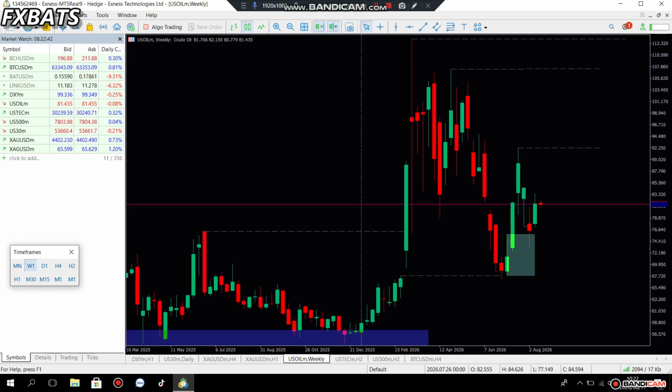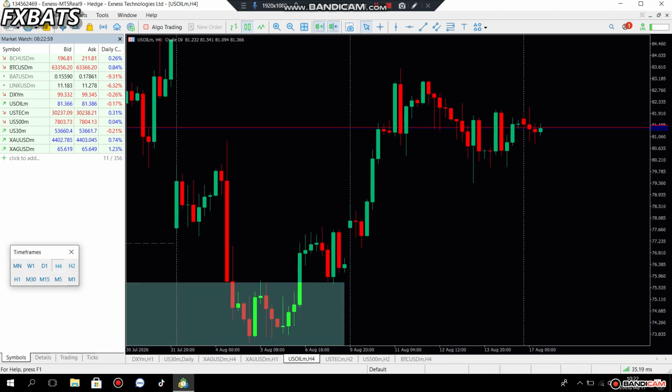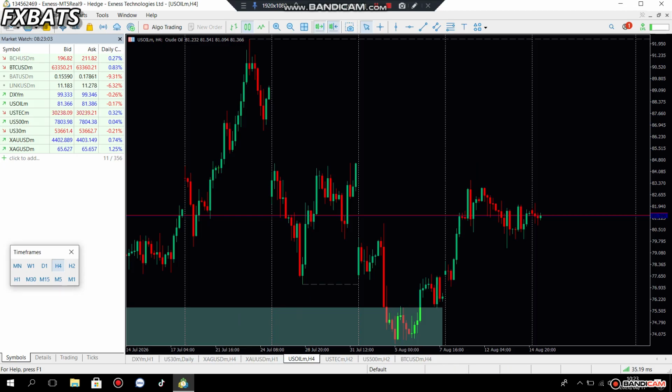After getting that, we do what we call time alignment. Time alignment, we have to make sure that we look for entries on the lower time frame. Since we are bullish on monthly and bullish on weekly, we should also be bullish on 4 hour. We should wait for price to shift back to the upside.